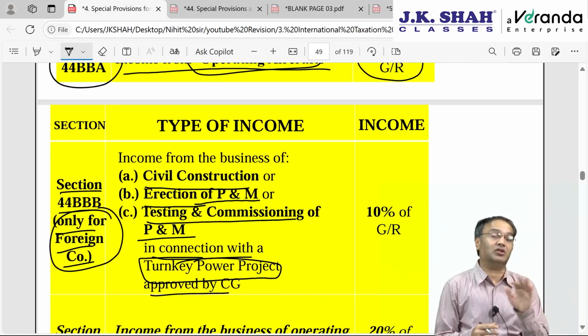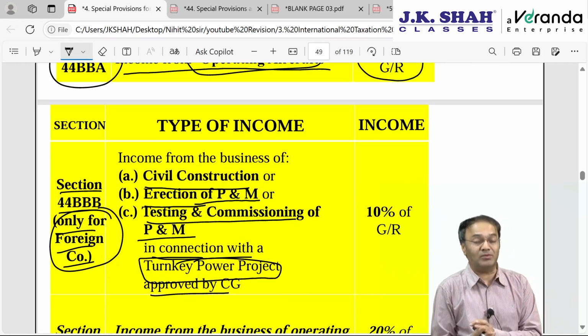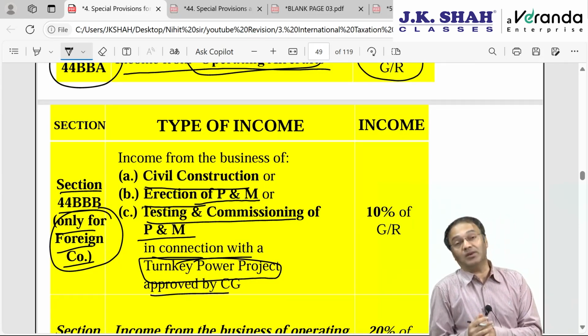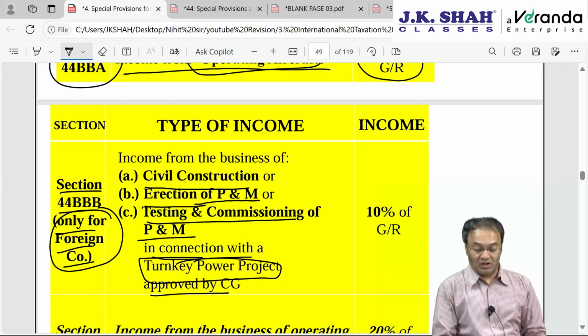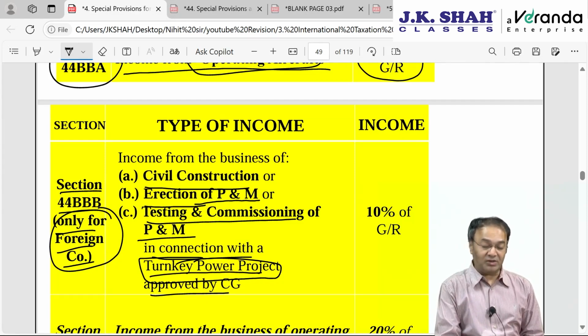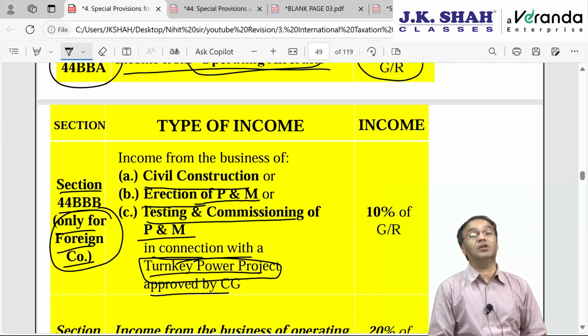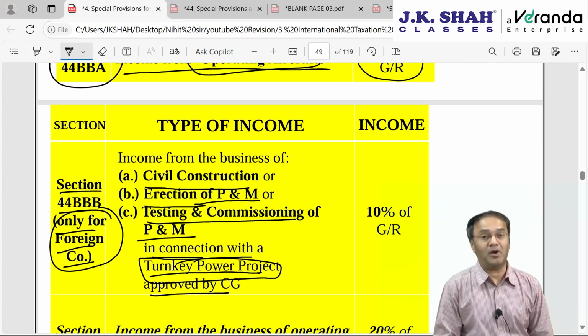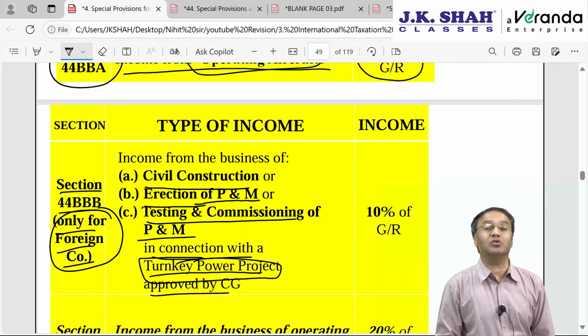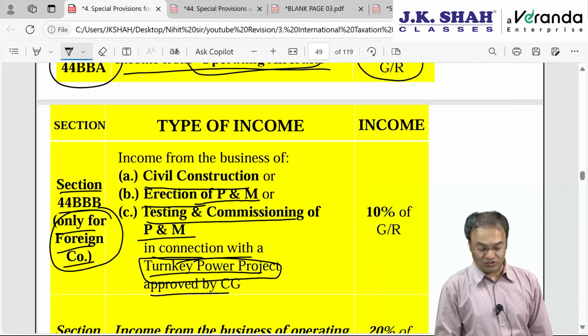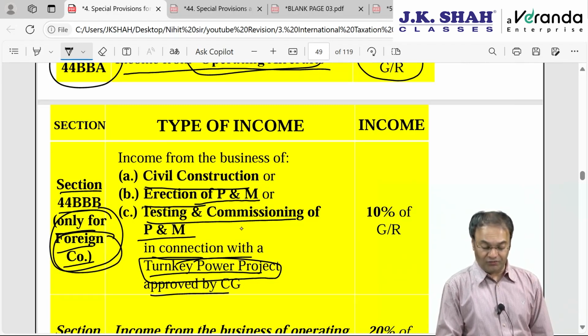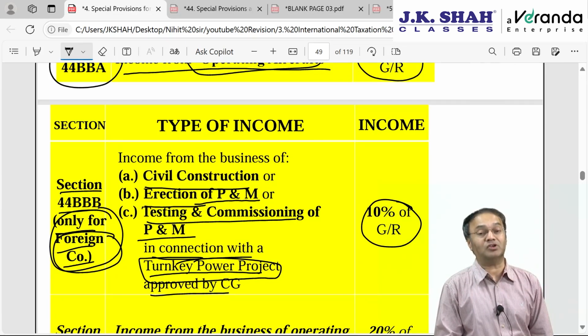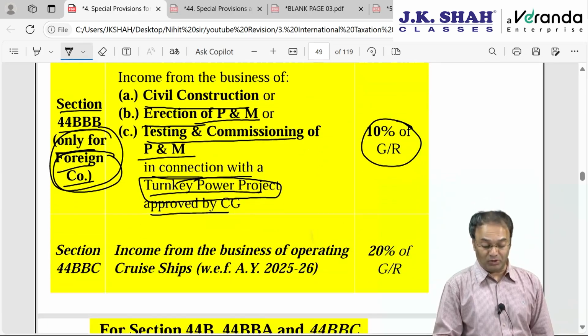He only will construct the building, he only will arrange for plant machinery, he will do everything. Then that is called a turnkey power project. Could be a nuclear power project, hydropower project, solar power project, any kind of project. The project is handed over to some foreign company. Only for a foreign company, income will be deemed to be 10% of gross receipts attributable to Indian operations.